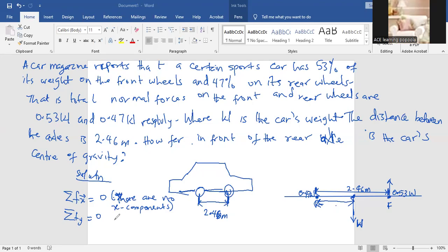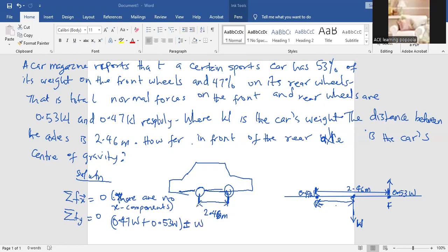So the upward forces are 0.47 W and 0.53 W. If we add those together, the upward forces are 0.47 plus 0.53 W. They should be equal to the downward force. The downward force is W, the total.